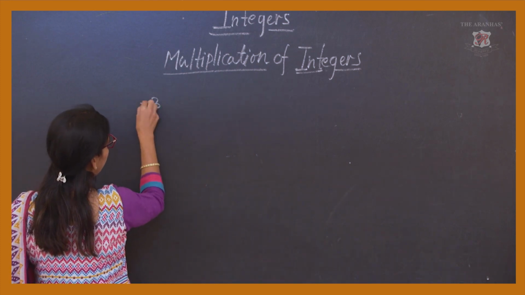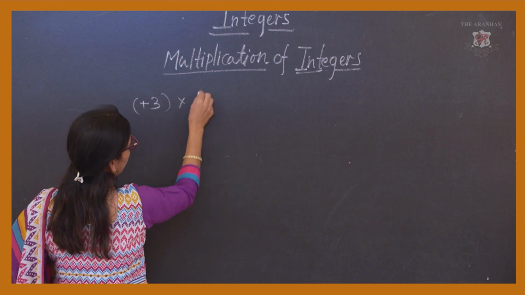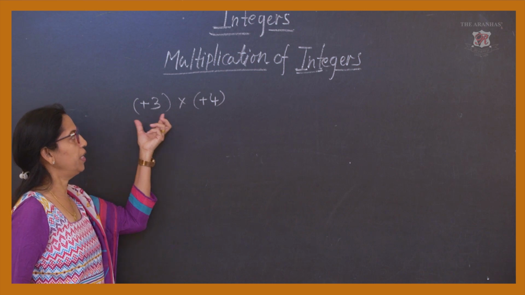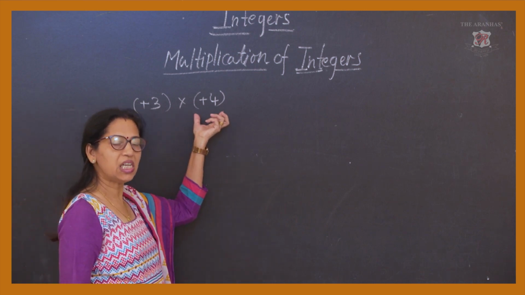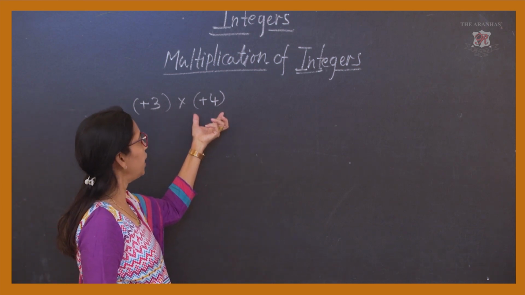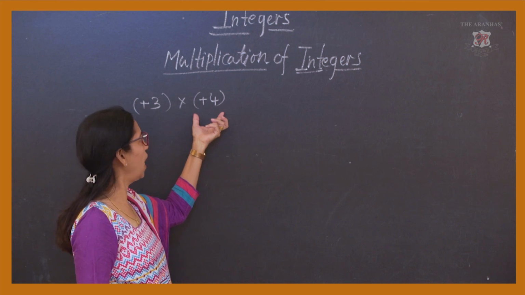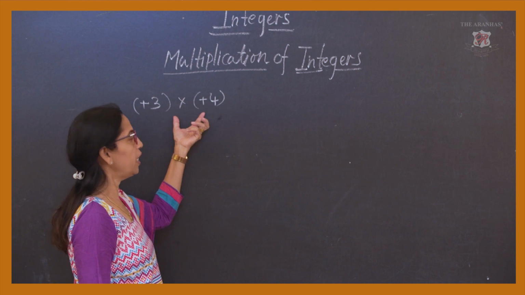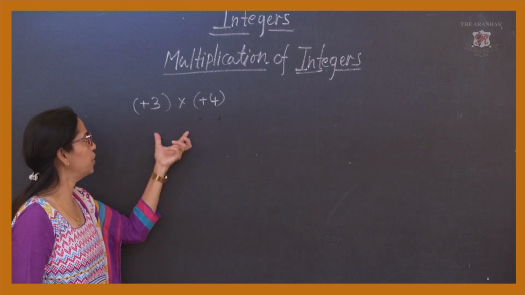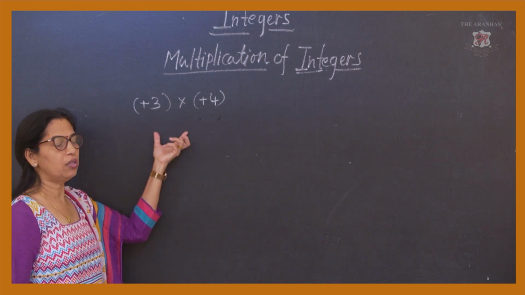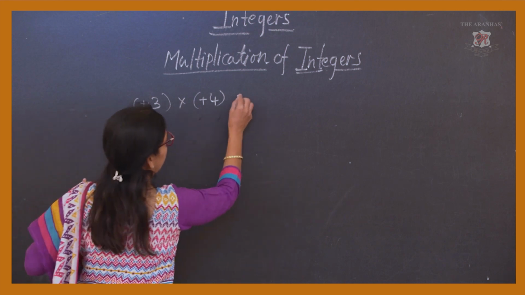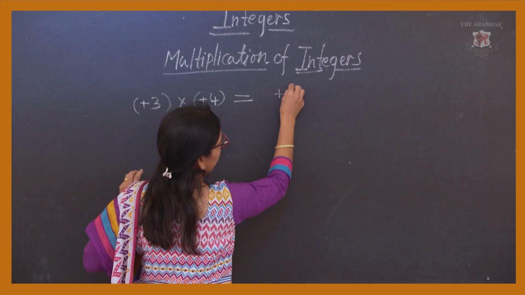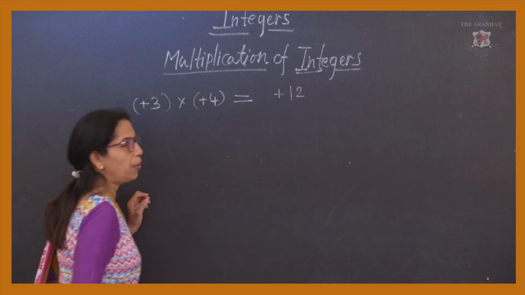Like we have one example here: 3 and 4. These are the two integers given to us and we have to carry out their multiplication. So, in this case, suppose we will find this answer as 12.